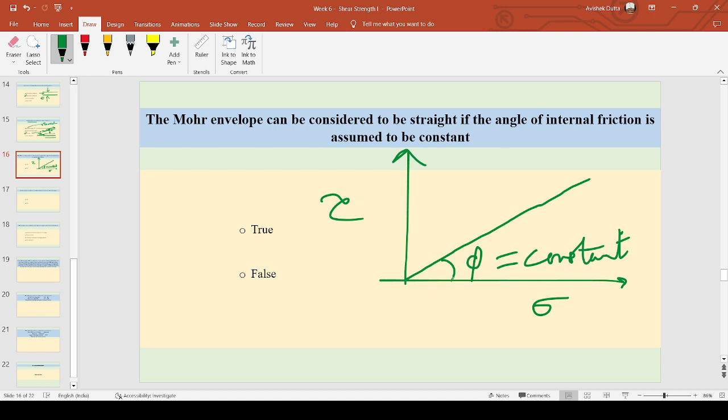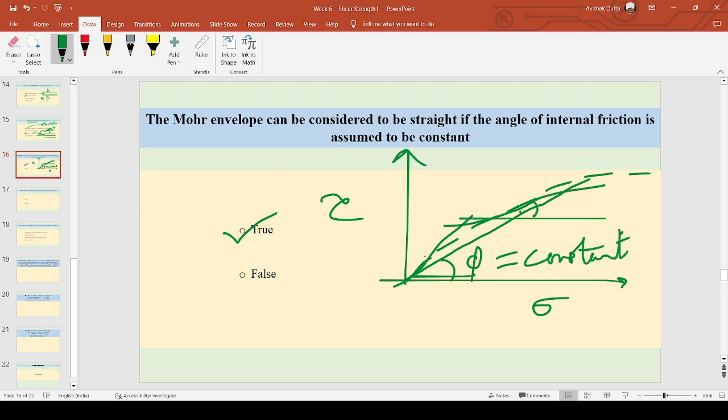The answer is true because the Mohr envelope is a straight line when phi is constant. But what is the otherwise case? If phi is not constant, if the Mohr envelope we get is like this, a curved line, then it will vary as per the tangent. So at this point it will be the tangent to this point, and at this point the tangent to this point, and hence we will get different values of phi.